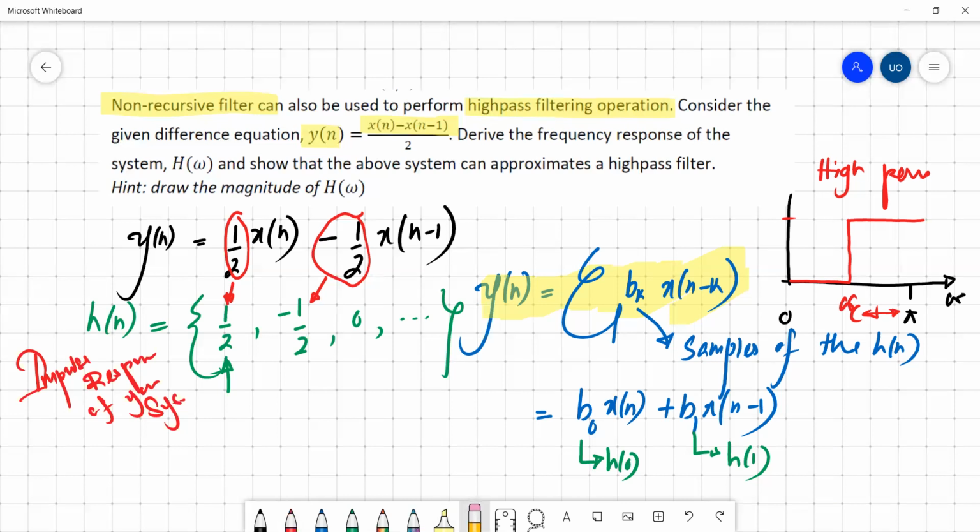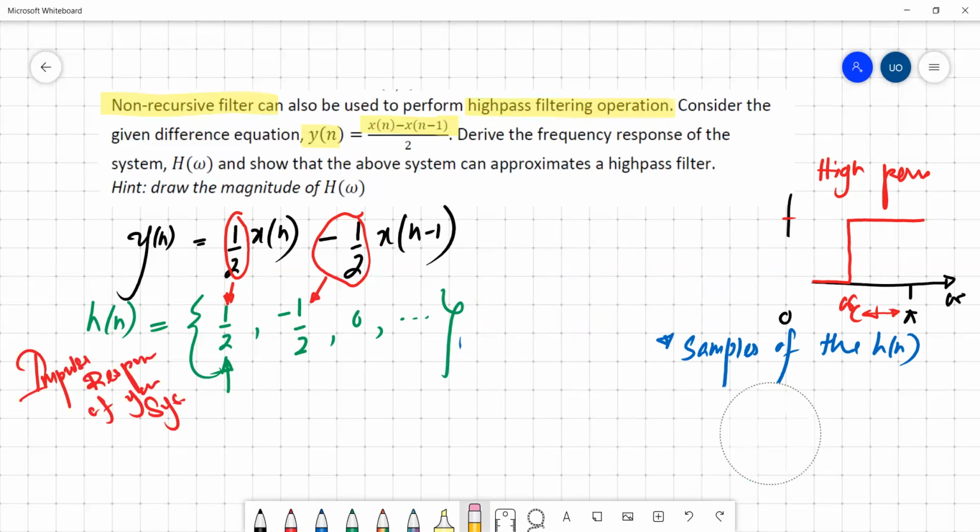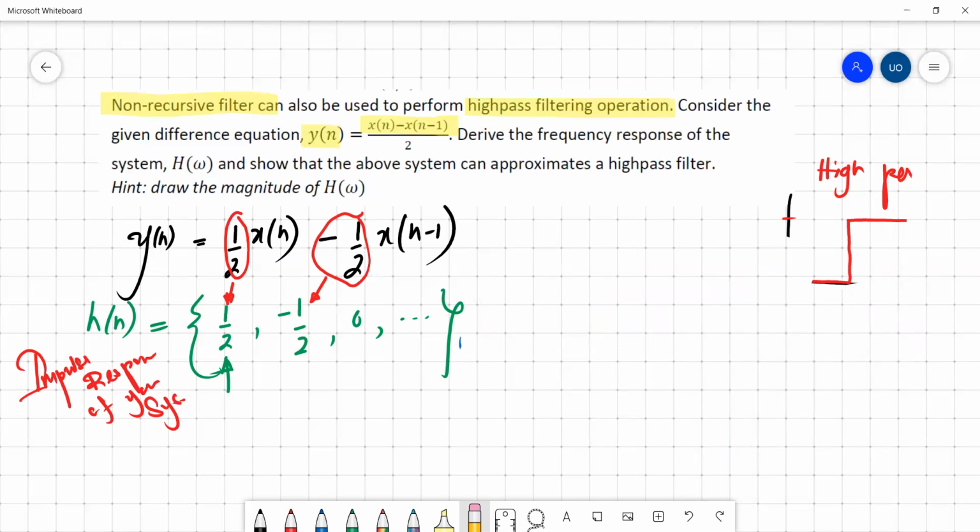Okay. So now we know this is your h[n]. Now we need to find H(omega), so we need to apply the Fourier transform.